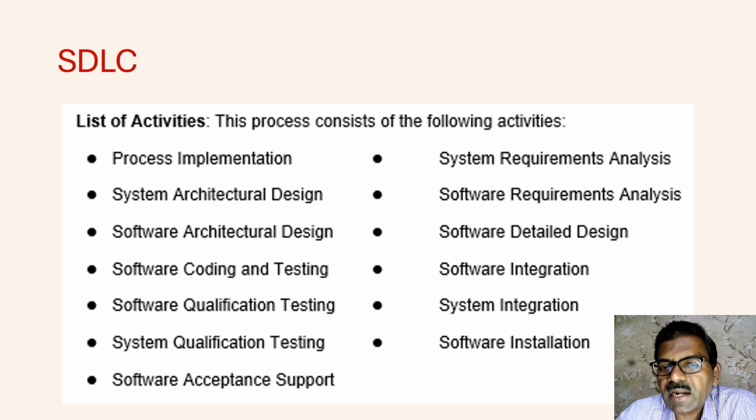So all this is continuous activity which is undergoing in a phased manner within an SDLC cycle. That is the list of activities which are majorly happening throughout the SDLC cycle. Many times it is in a continuous loop. It depends on what type of model we are going to follow. Next we are going to understand the different types of models people have come up with for SDLC implementation. So the next slide will talk about the models.